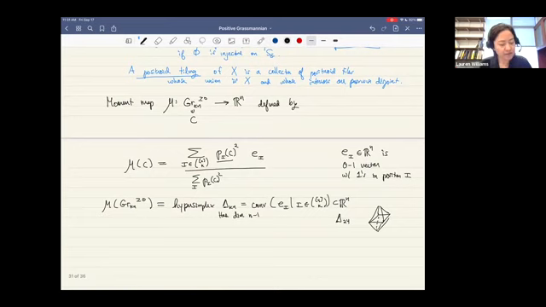Okay, so we can ask about moment map images of positroid cells.